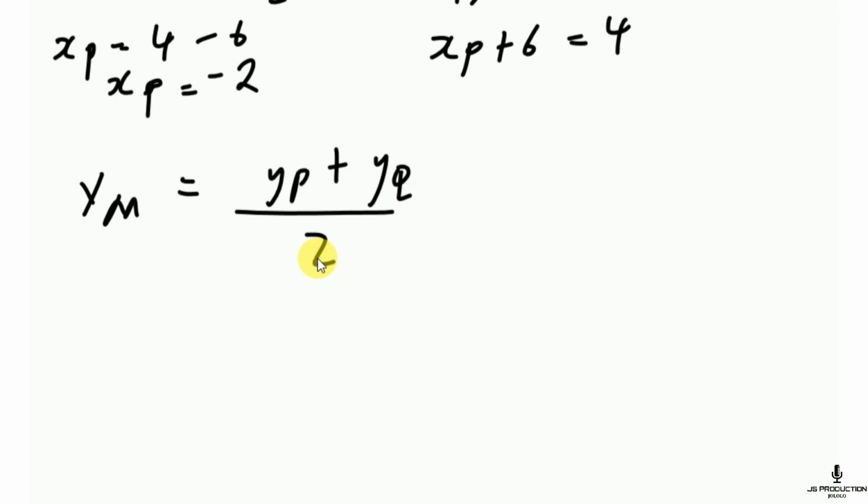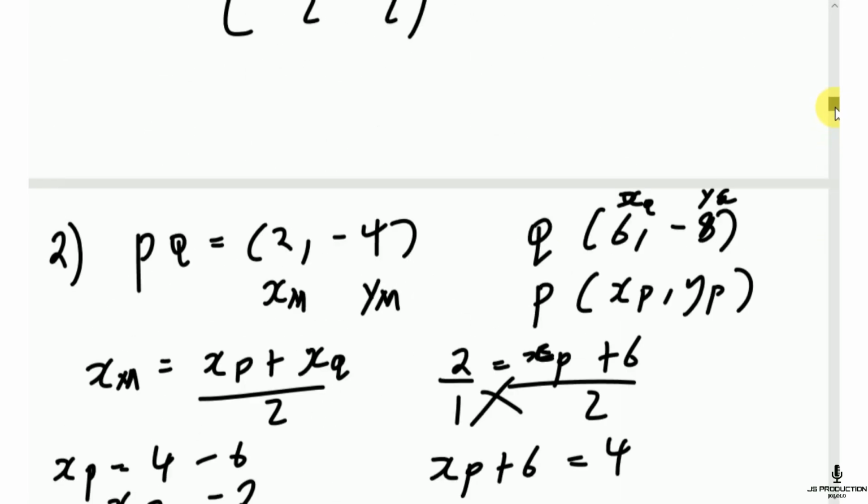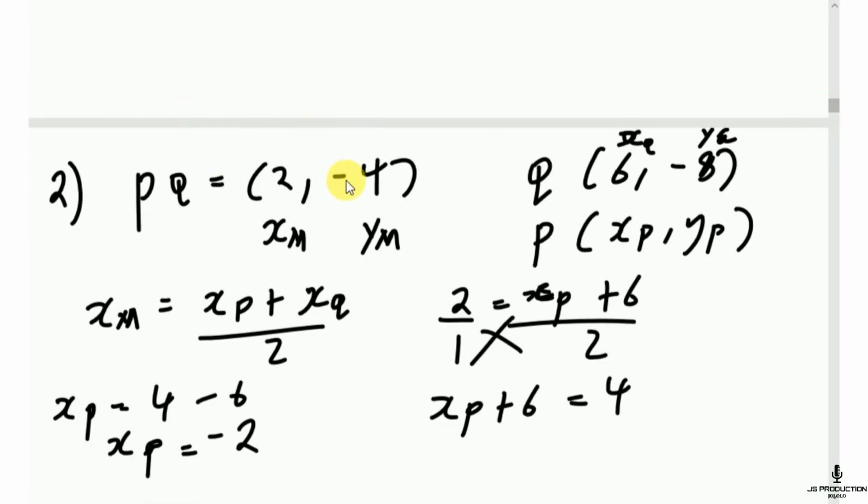So that's going to be our formula, and from that we can replace. We know that our ym is negative 4.